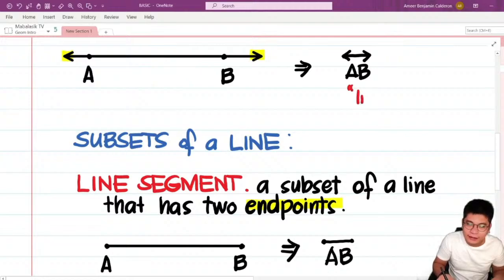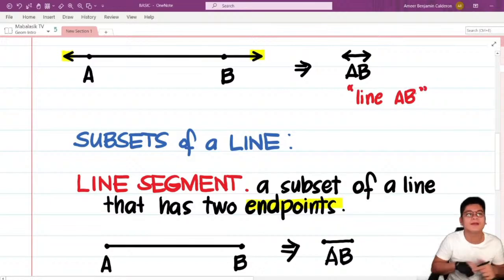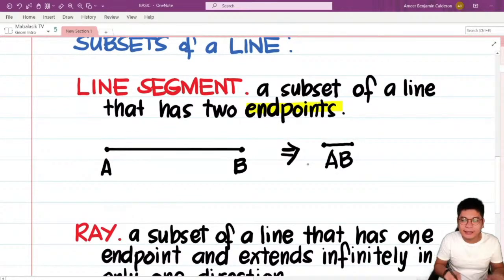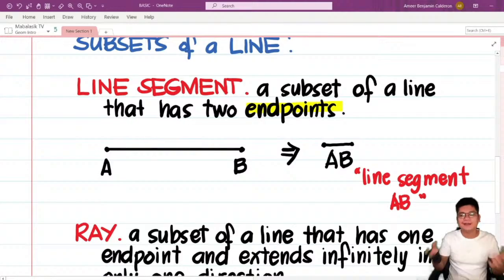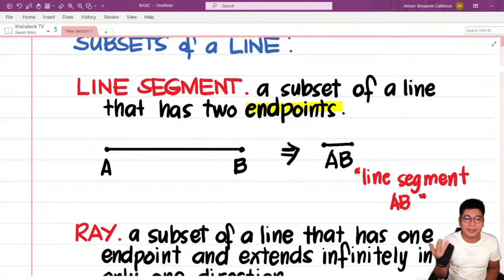This is line AB and this is line segment AB. Okay? Or in some cases, we refer to that as just segment AB. But that is also the subset of a line that we are talking about. The subset of a line that has two endpoints. It's either line segment or segment.